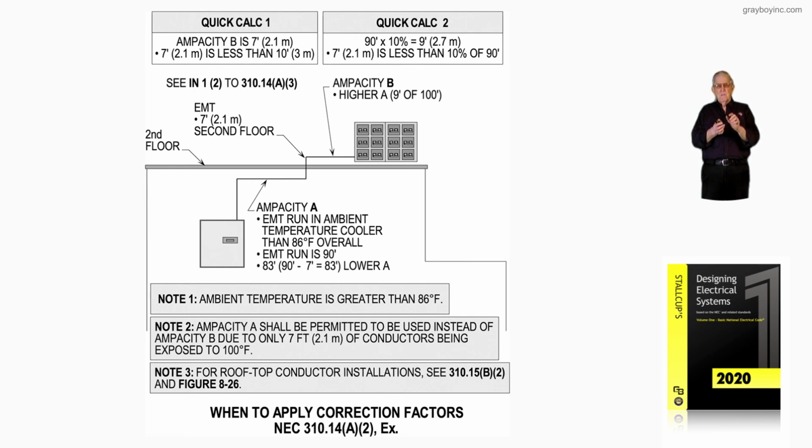And that's what this figure 8-12 is showing. You have an 86 degree temperature or less routing. And if we route it through higher temperatures, we have to derate for the higher ambient, as you see in this illustration.